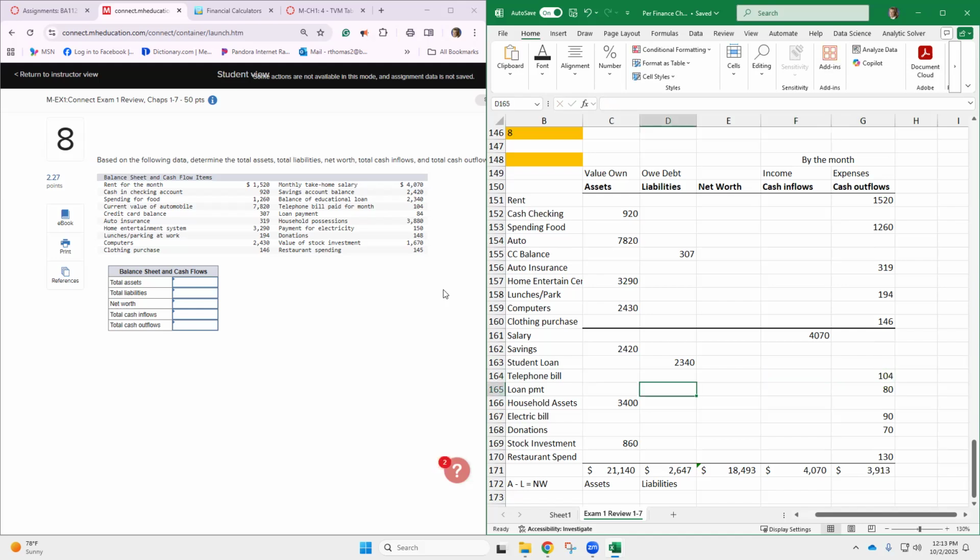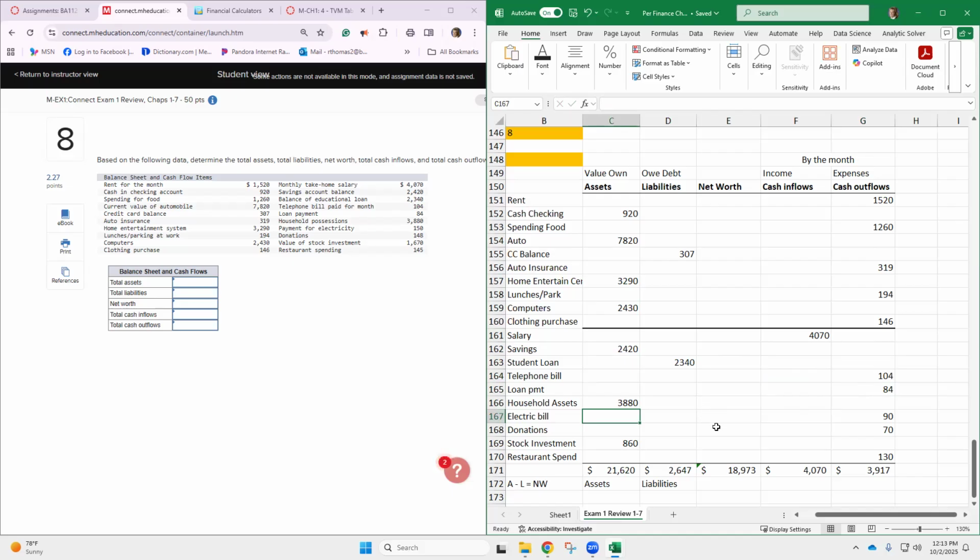Your loan payment for the month. Yes, it's paying down on a liability, but I think we've already got the liability of that here. This is just making a payment on it. Household assets. You could turn around and sell those and turn them into cash.